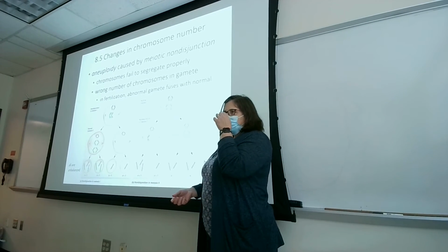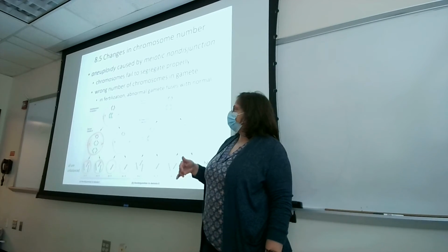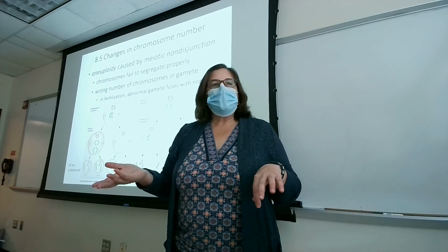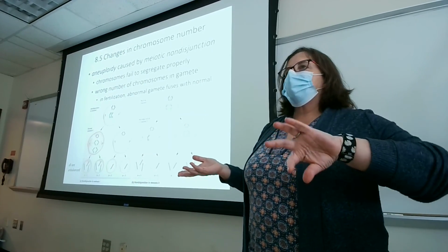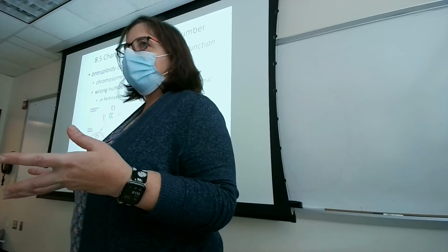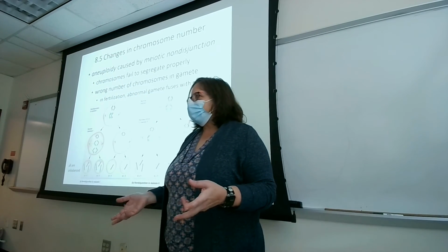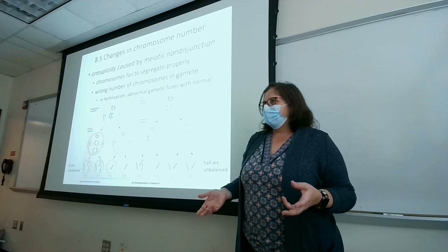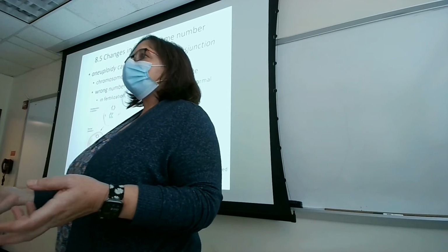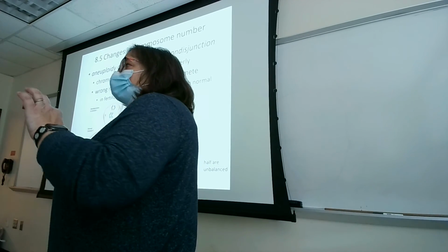Okay. So depending on the parent, this is actually related to age of either the mother or the father. And that has to do with the fact that when an egg goes into meiosis, does anybody know when an egg goes into meiosis? When it starts? Well, it finishes after fertilization, absolutely. But the start of meiosis happens when your gonads are formed.